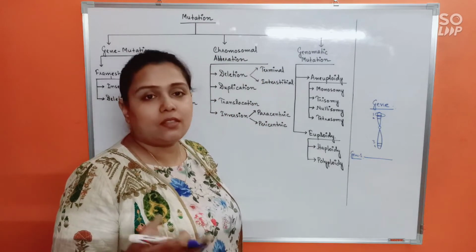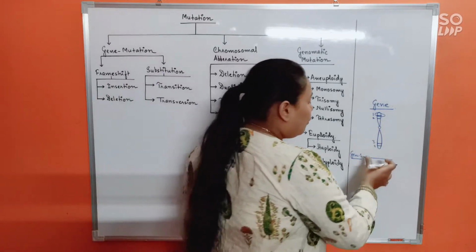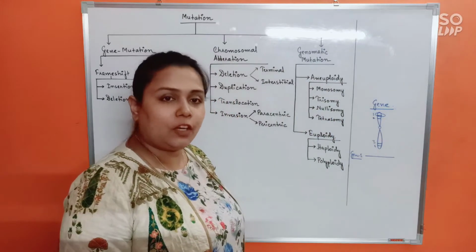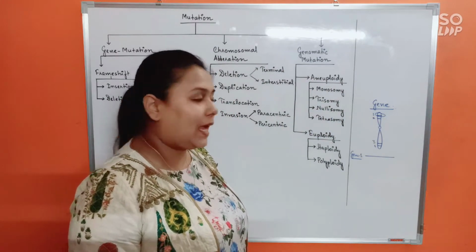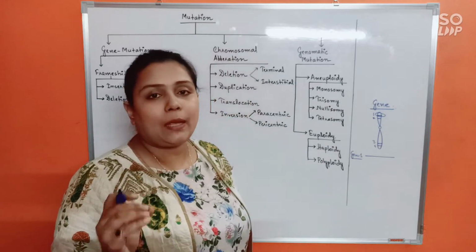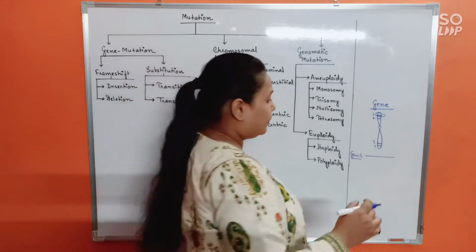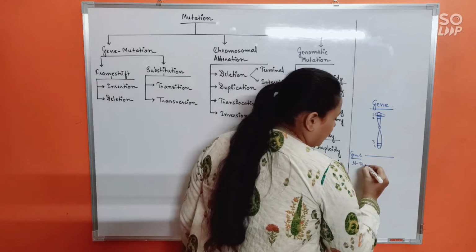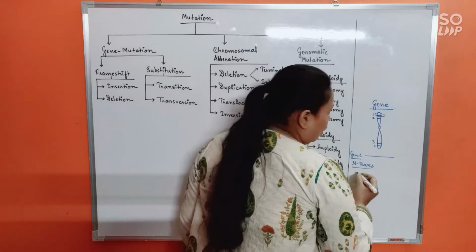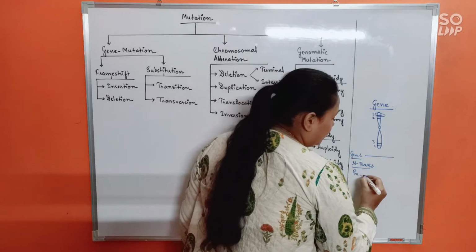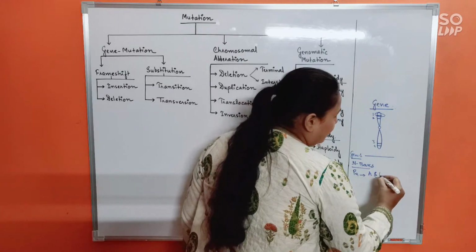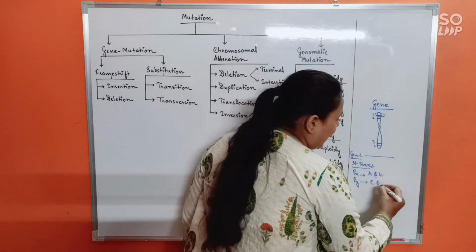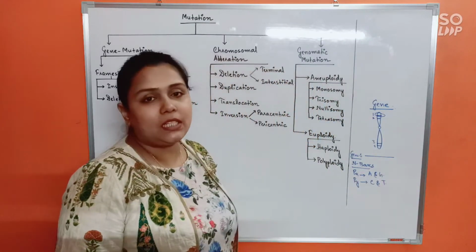Basically it's nothing but DNA, isn't it? You know very well, from the biomolecules chapter, that DNA or nucleic acids are made up of 4 types of nitrogenous bases. The nitrogenous bases are of 2 types: purines, adenine and guanine, and pyrimidines, cytosine and thymine. That's what makes up the DNA.